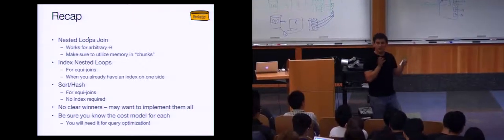You should just do sort merge join or something. Sort and hash are only really good for equijoins, pretty much, so you can't do arbitrary theta joins with them, but no index is required in advance. And the bottom line, there's no clear winner here. Most database systems worth their salt implement at least a few of these. Sometimes people will implement only one of sorting and hashing. They'll skip hash join and just implement sort merge join. It's okay. But you probably want to implement them all.